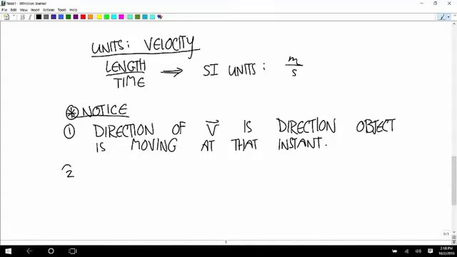Second, the magnitude of the velocity vector v is the speed.